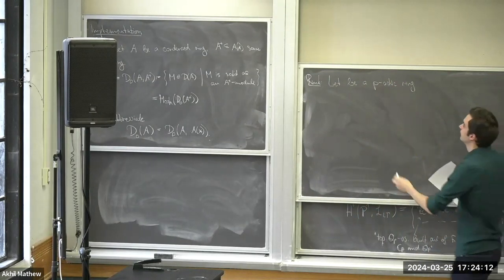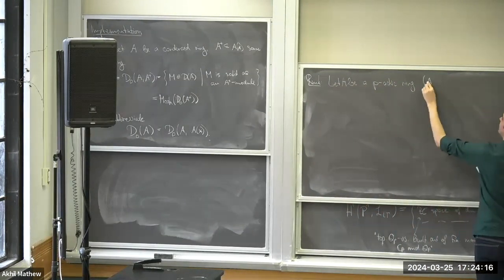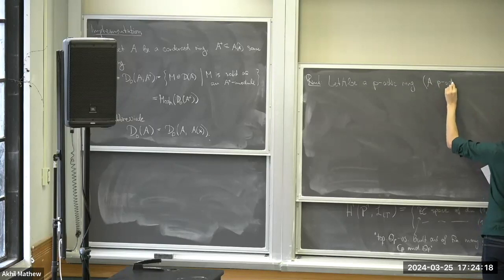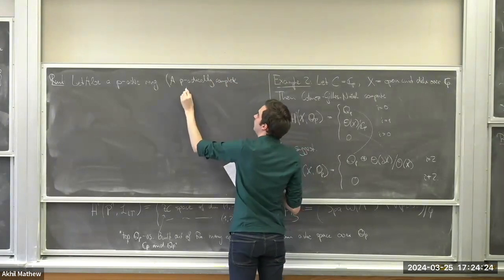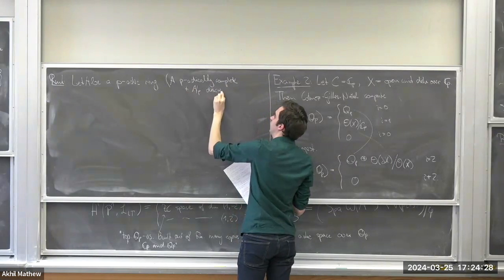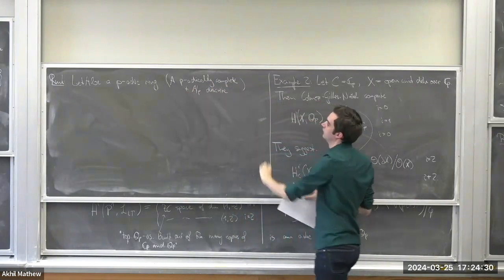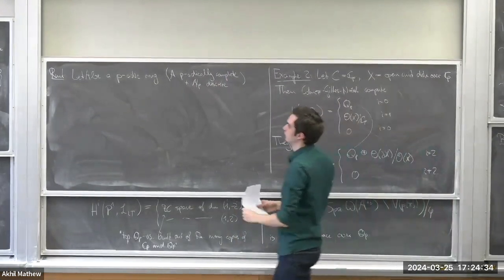So that means A is p-adically complete, plus A mod p is discrete. And I view it as a condensed ring.